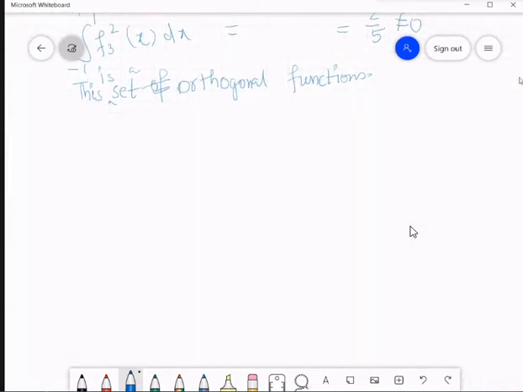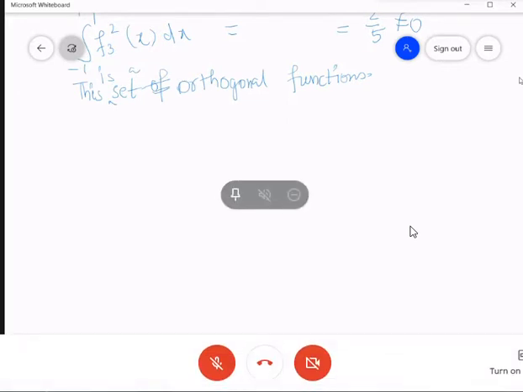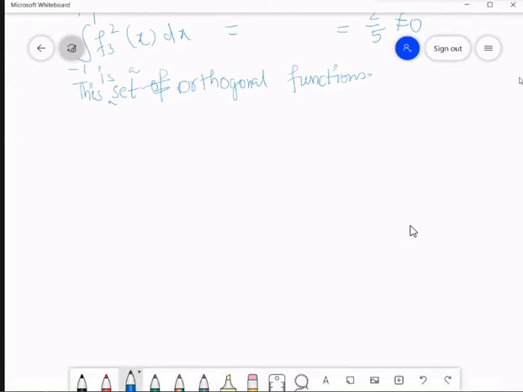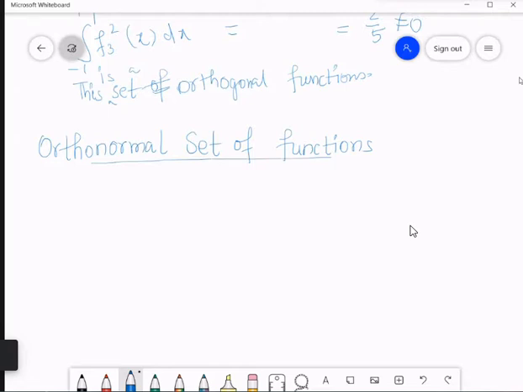Along with orthogonality, if we have something more, I have to talk about the orthonormal set of functions. Okay, now let us try to understand what is this orthonormal set of functions. This is actually an extension of orthogonal.